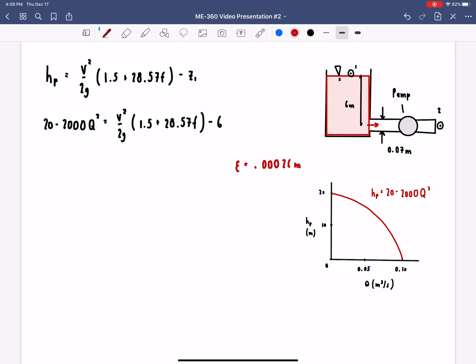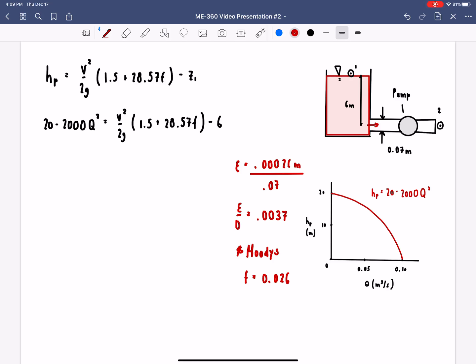And if we divide that by our diameter, 0.07, we end up with a relative roughness of 0.0037. And from Moody's, we get a friction factor approximately equal to 0.026.